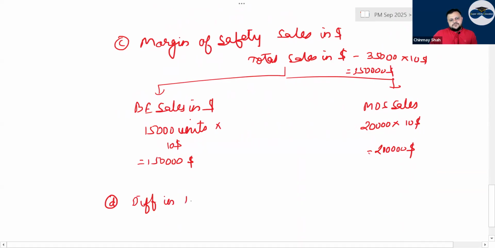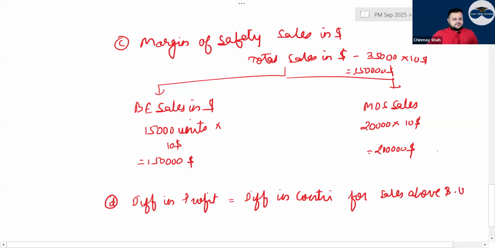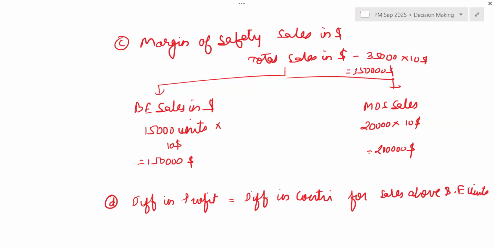Difference in profit is equal to difference in contribution for sales above BE units. This is the first point that we have written, point A. Are you okay? I have just reiterated it. Yes, sir.